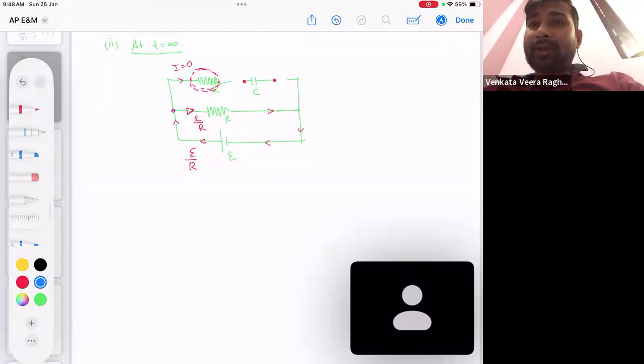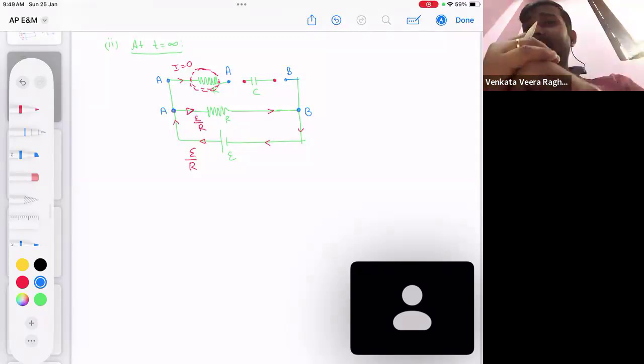So if I call this point A and this point B, can I say all these points have B potential? Can I say this potential is A? And can I say this potential is also A? You'll say no, there is a resistance in between. But look at the property of this resistor right now.